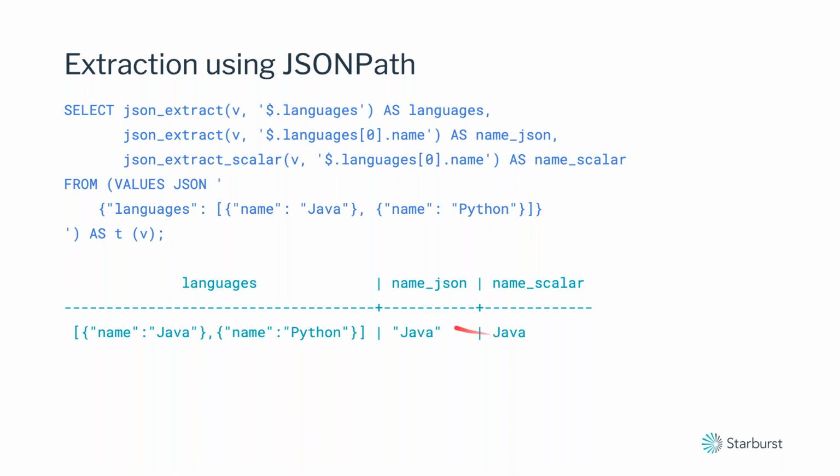So then you can cast it afterwards? Yeah, if you were extracting a number, you could then cast that to a bigint or a decimal type. You want to use JSON extract when you're nesting it with other JSON processing, and you want to use JSON extract scalar when you just want to extract a value like a number out of your JSON.